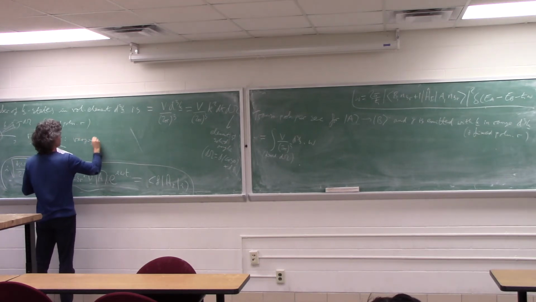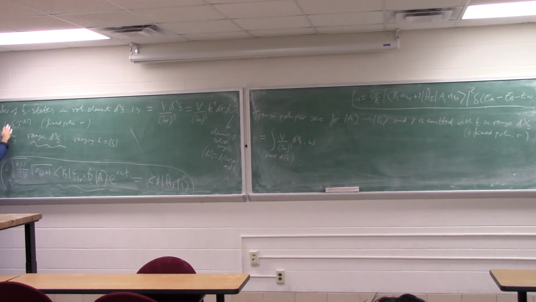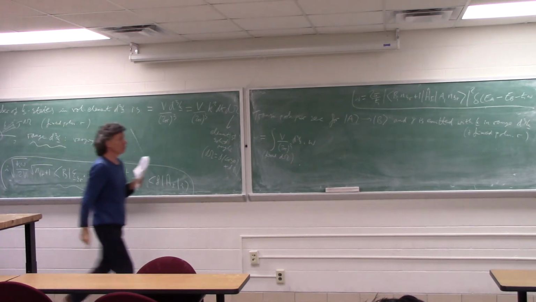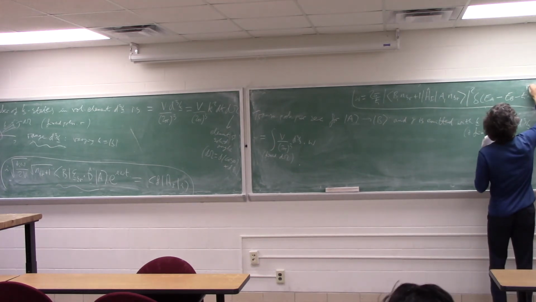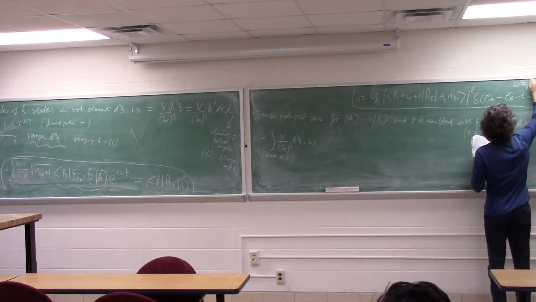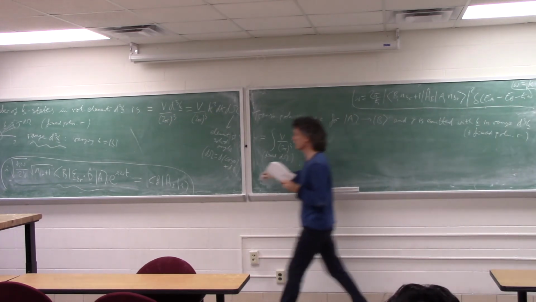The magnitude of this wave vector is varying, though of course it's really restricted by this delta function, so omega is kc, putting in the speed of light.